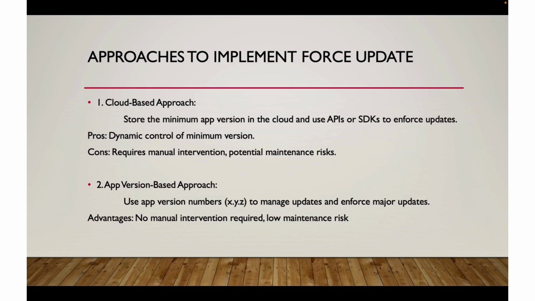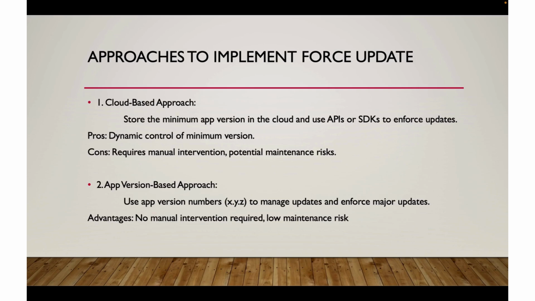With each release, we increment the version number. If we define all the major releases or force update versions, the application will fetch the latest version and compare it with the current version to check whether any major releases are available. If it finds a major release available, it will force the end user to update to the latest version.